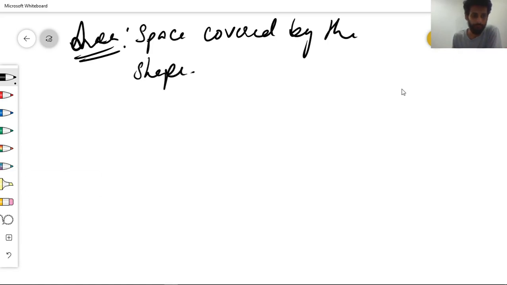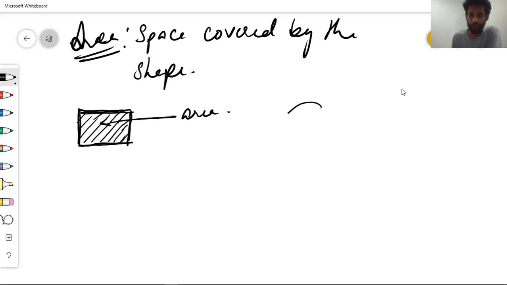If this is the figure, the boundary is the perimeter, but whatever space it is covering inside, that is called the area.